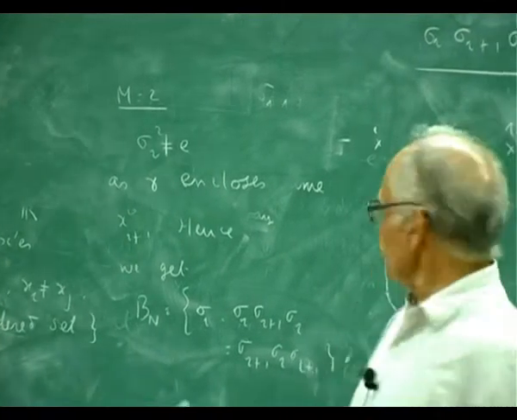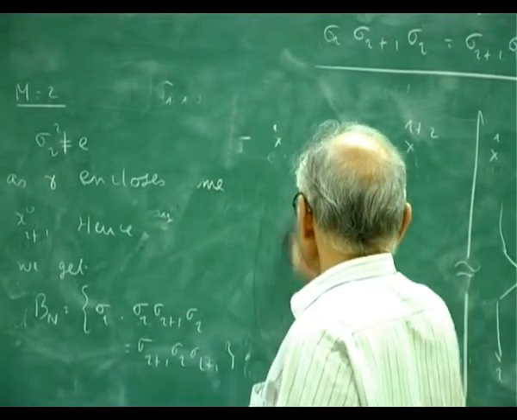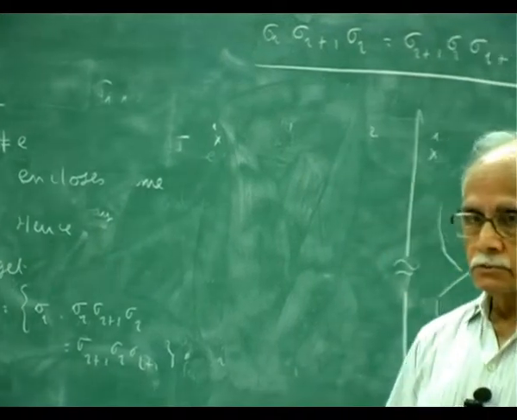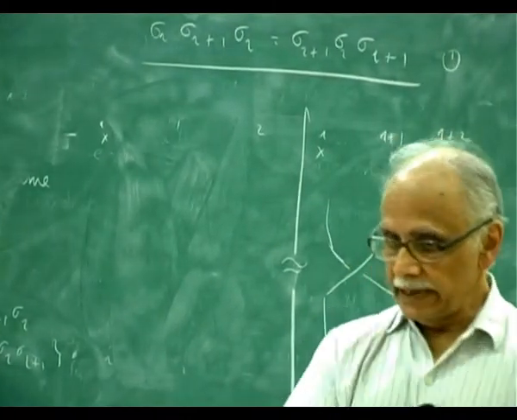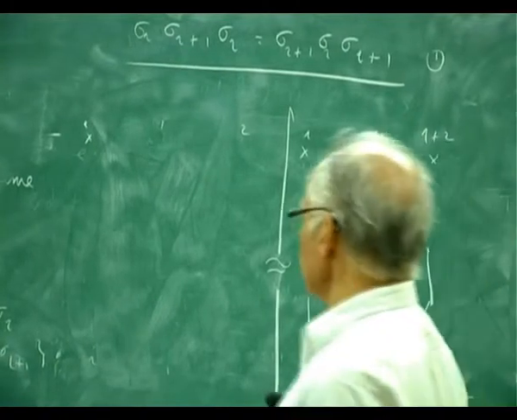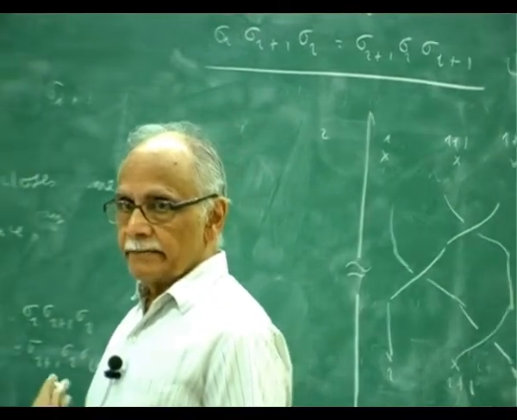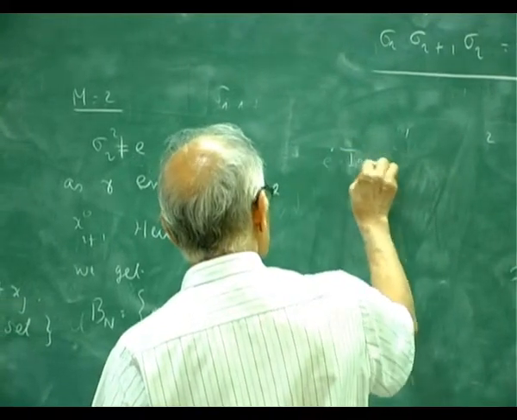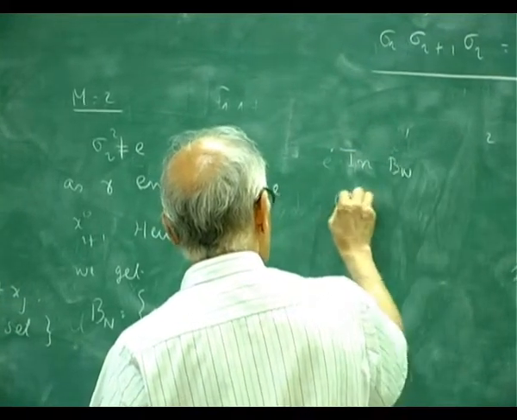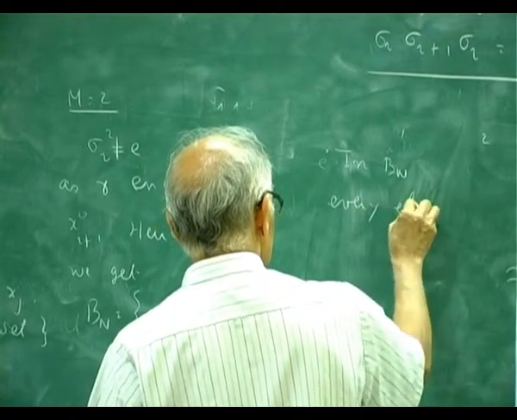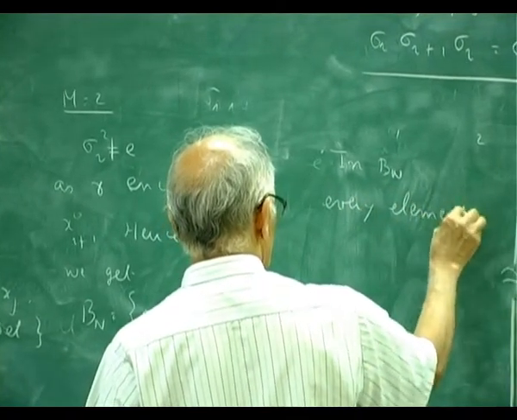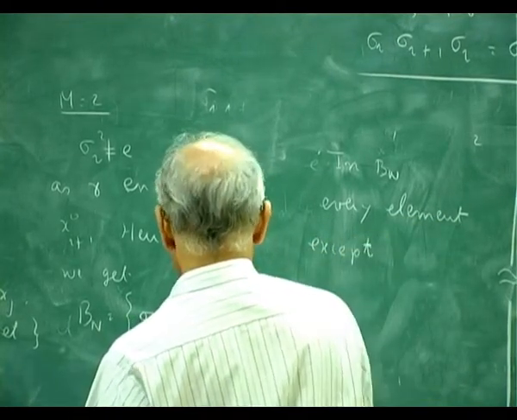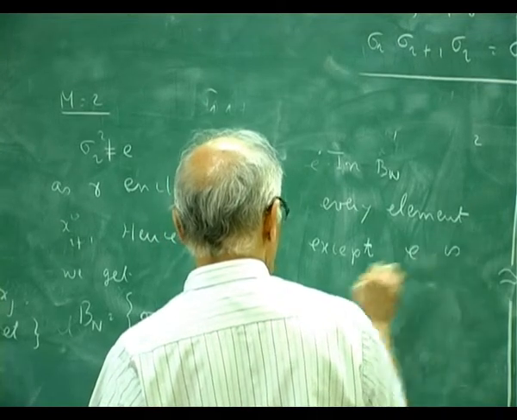If you allow the square, if you drop that, there is only one relation you are dropping, okay. But this group Bn, every element except identity is of infinite order.